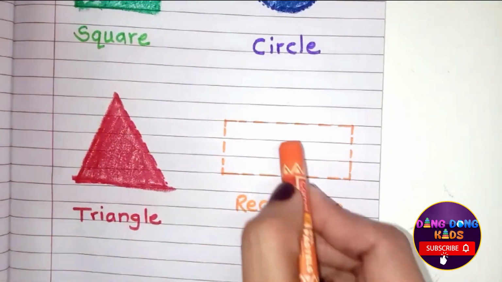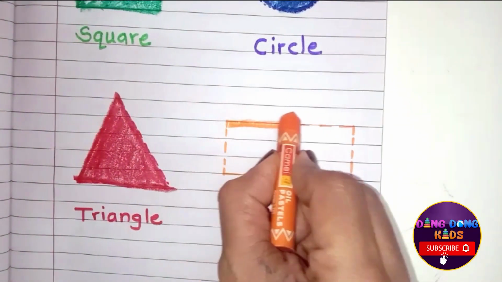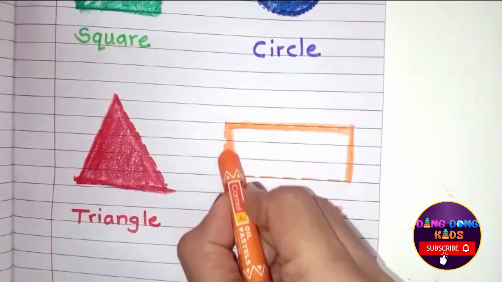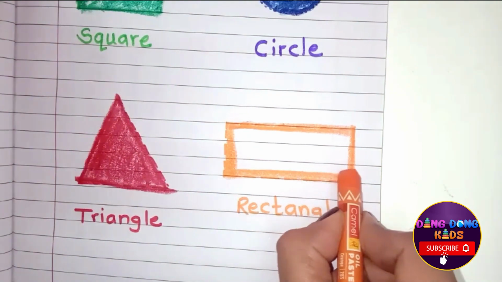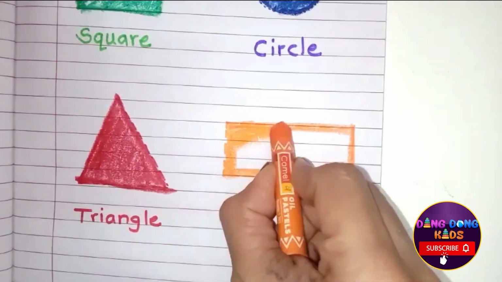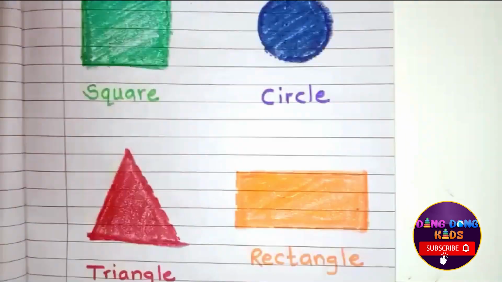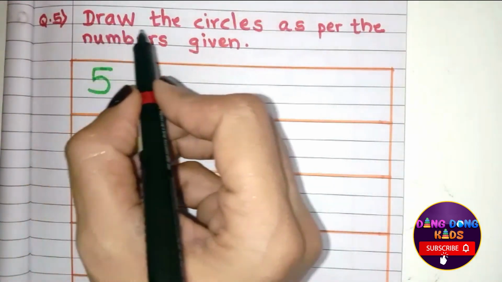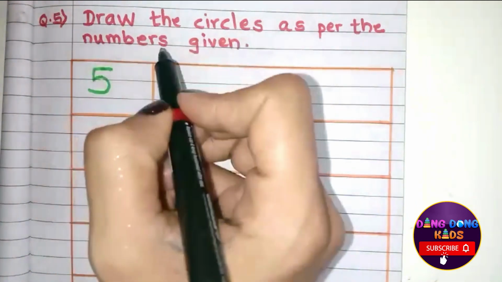Next is rectangle. Trace the shape rectangle. It's orange color, so we will give orange color to the rectangle. This question is done. Next question is draw the circles as per the numbers given.